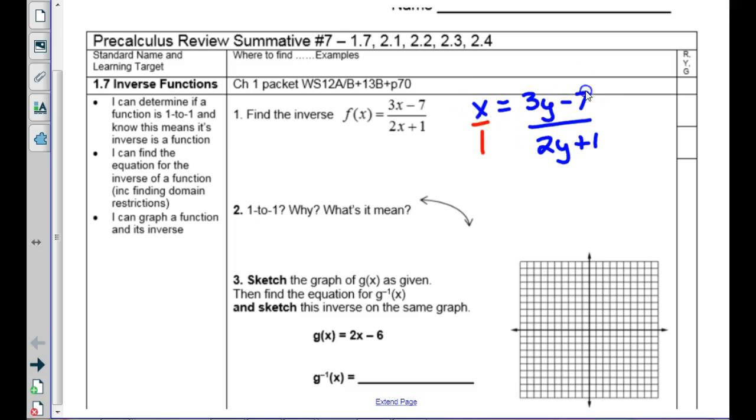Okay, we have to cross multiply. So you want me to do this way first? Okay, that will be 2xy plus x. I distributed this way. Is that all right? Equals 1 times 3y minus 7 will be 3y minus 7. Now what?